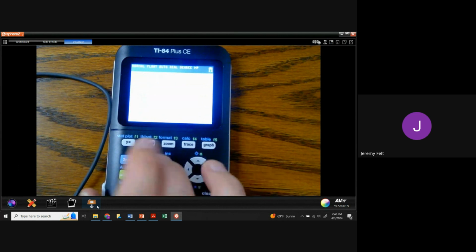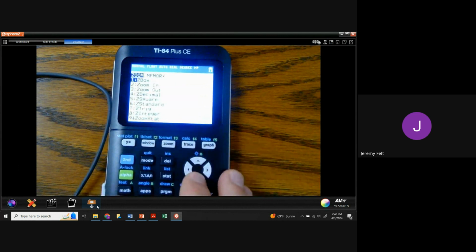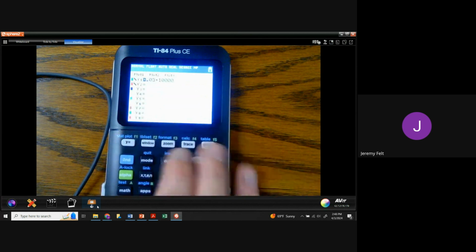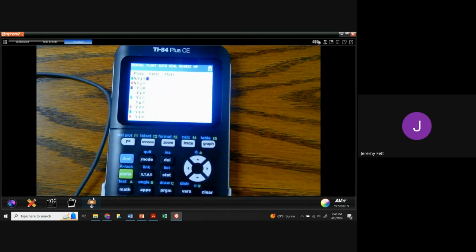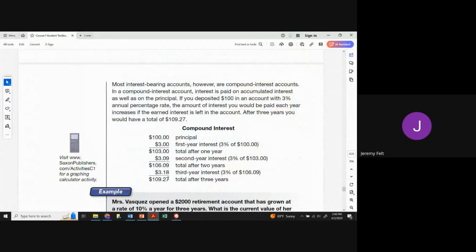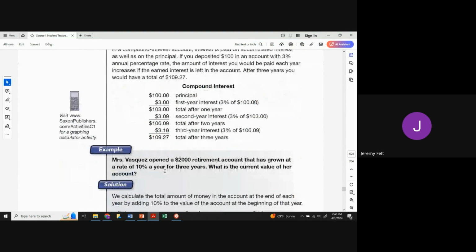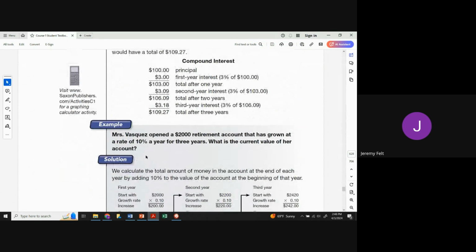Let's just do 10,000. So we graph it. Okay. We'll look at an example in class. I calculated the window's too big, but you can really start to see the benefit of compound interest when we're looking at bigger amounts.